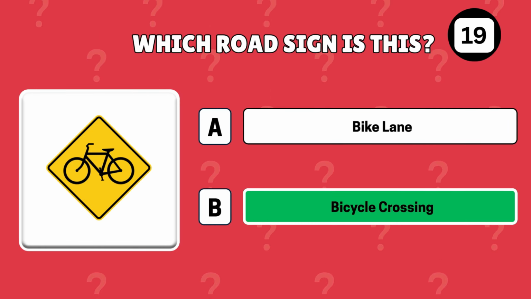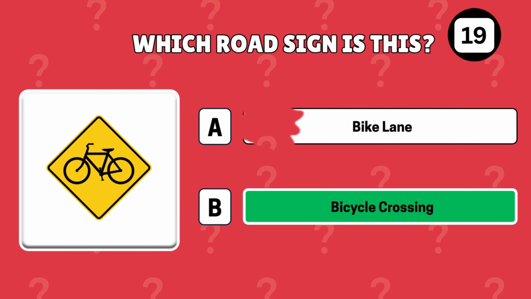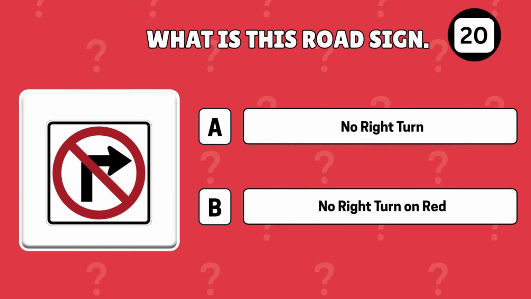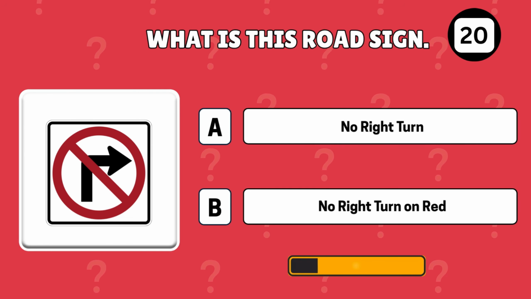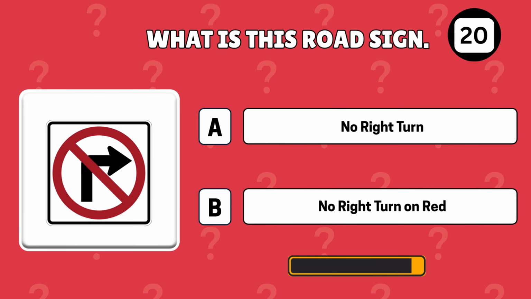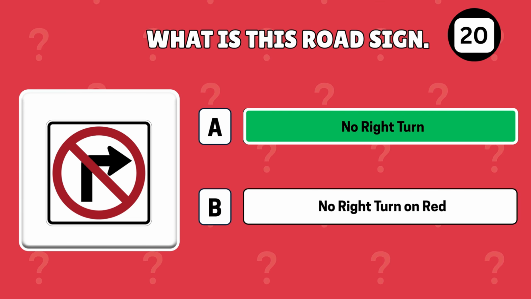Good observation. This is the bicycle crossing sign. What is this road sign? A. No right turn. B. No right turn on red. That's correct. This is the no right turn sign.